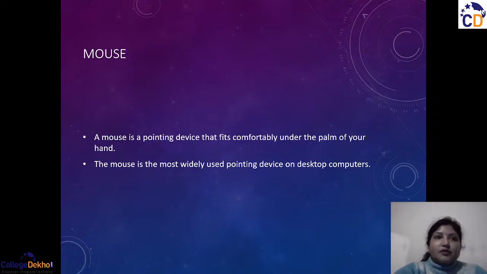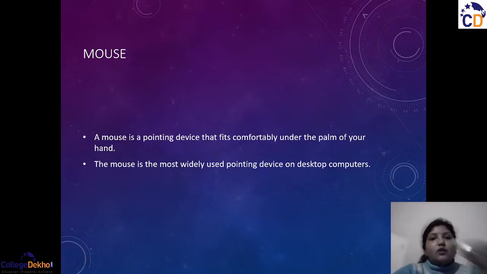And again I'm repeating, there are types of mouses. There could be a wired mouse, there could be a wireless mouse. With wired mouses, you have to attach the wire to your PC or laptop, and then you can use the input device, that is the mouse. Whereas with a wireless one, you may directly connect with this pin.